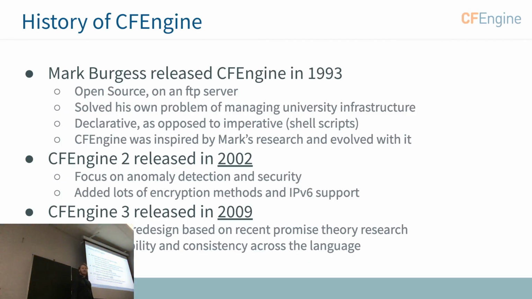Mark Burgess released CFEngine in 1993. He released it as open source software on an FTP server with some kind of mailing list announcement. And it was something he was using to manage his infrastructure at Oslo City College or Oslo University.